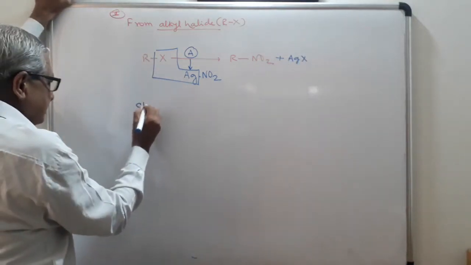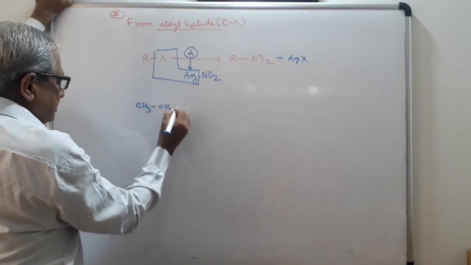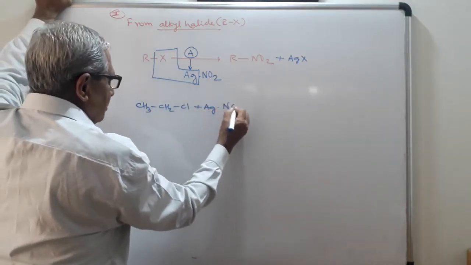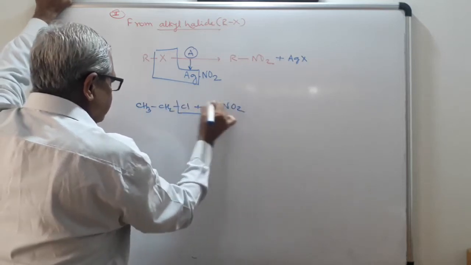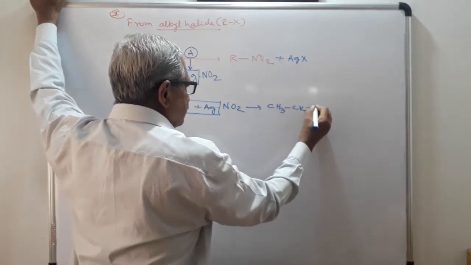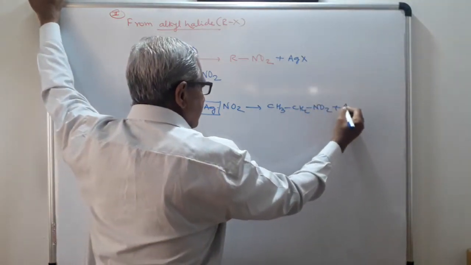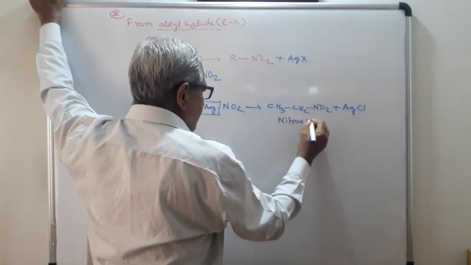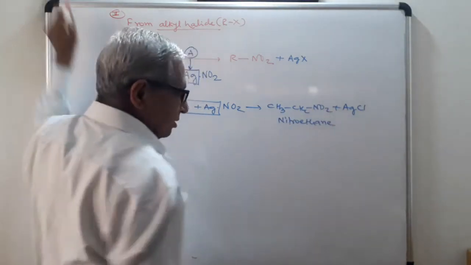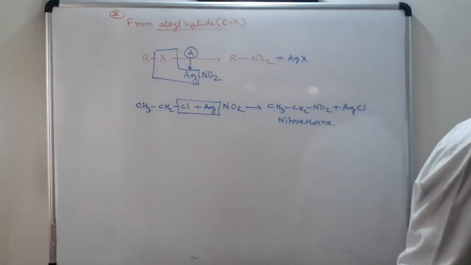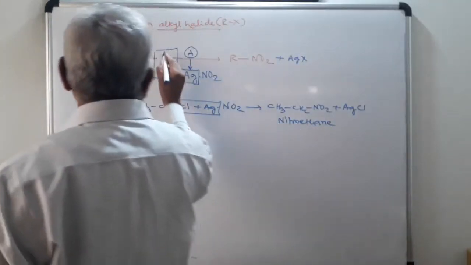See here the simplest example, CH3CH2Cl plus AgNO2. You can remove here AgCl, you will get here nitroethane, CH3CH2NO2 plus AgCl. Now I will set the one question here on the RX.